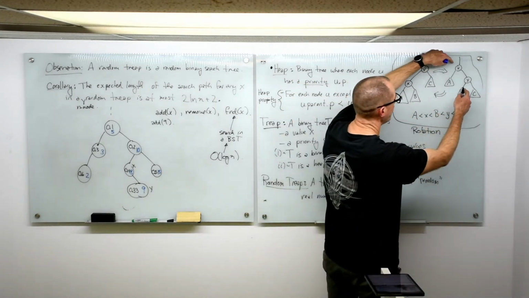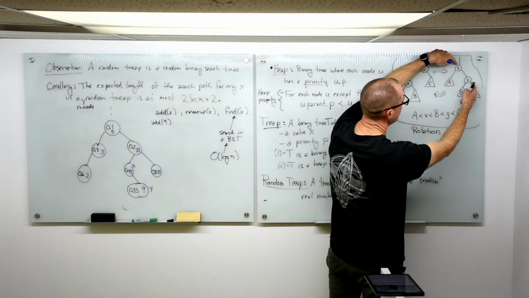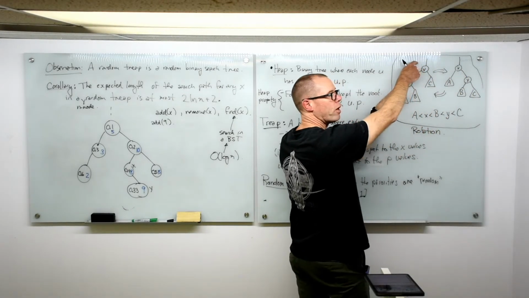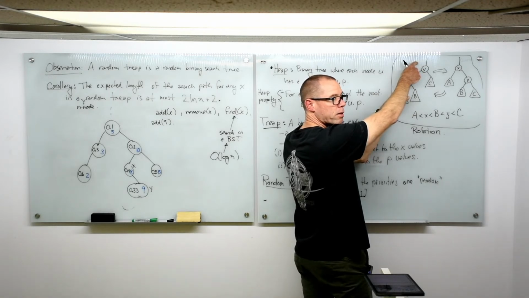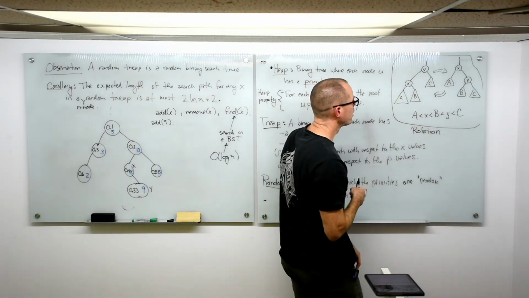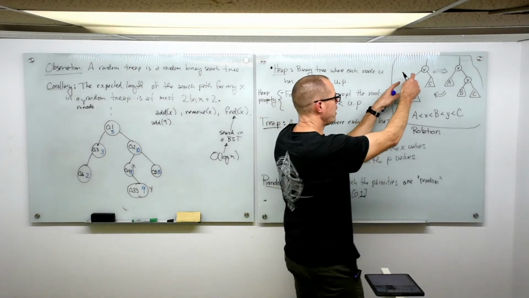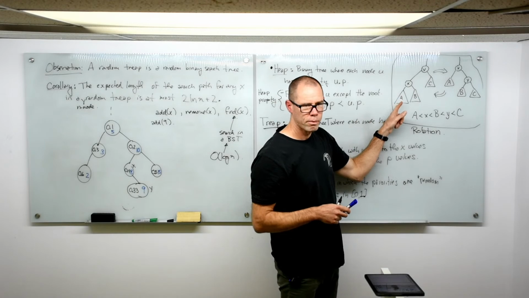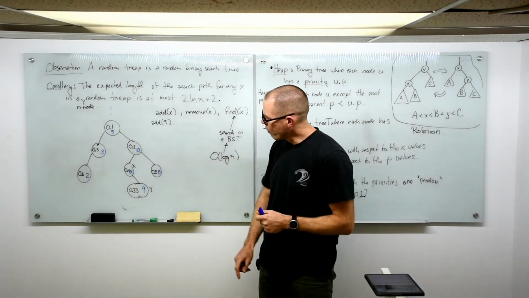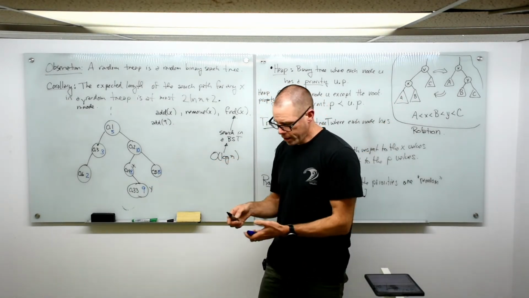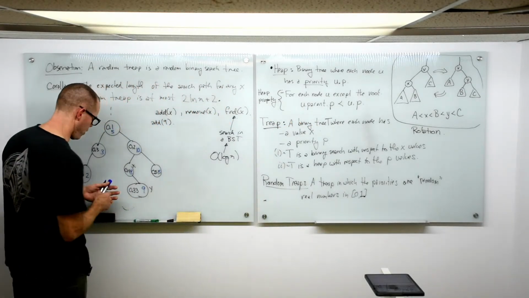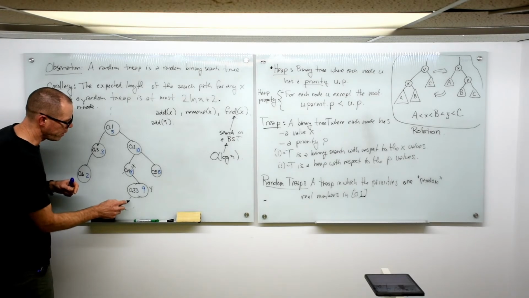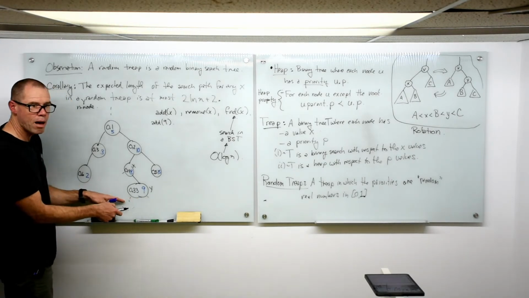Here's a picture where x is the parent of y, and if I do a left rotation, I convert it to this thing where y is the parent of x. And this picture is valid even if these trees A, B, and C are empty, which is what is happening here. We can imagine there are still subtrees here. Here's where A would be, here's where B would be, and here's where C would be. They just happen to be empty.